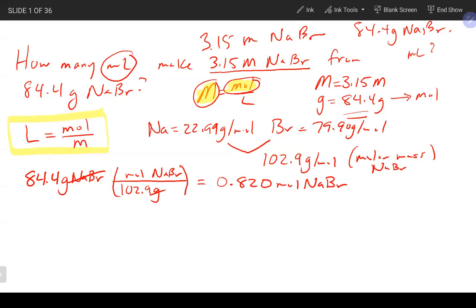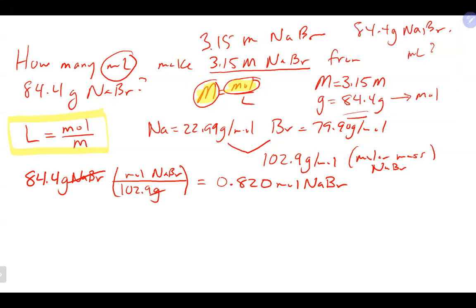Also remember that when you're dealing with molarity and that big M, it's really important to think of it as a conversion factor and do some dimensional analysis, and get rid of the big M. What I mean is that if you have 3.15 big M sodium bromide, that is the same thing as saying you have 3.15 moles of sodium bromide per liter.